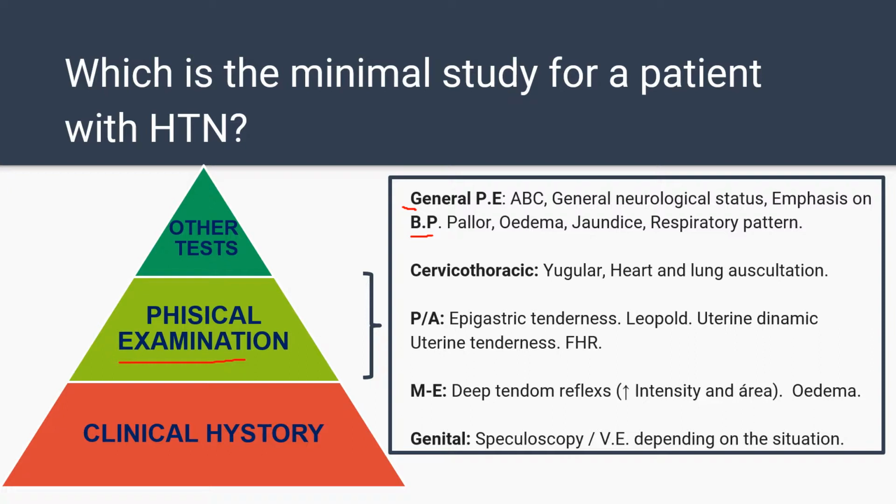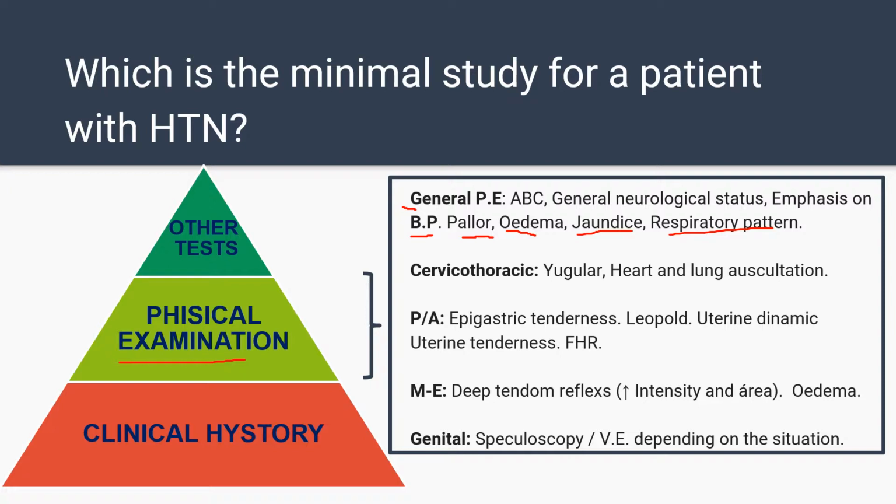All of these things can appear in a patient with HELLP. For example, the jaundice and pallor, and the edema also is a characteristic of preeclamptic patients. And if the patient has, for example, the emergency of pulmonary edema, she can have respiratory pattern alterations.